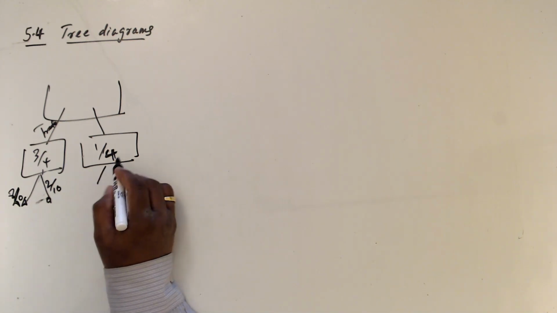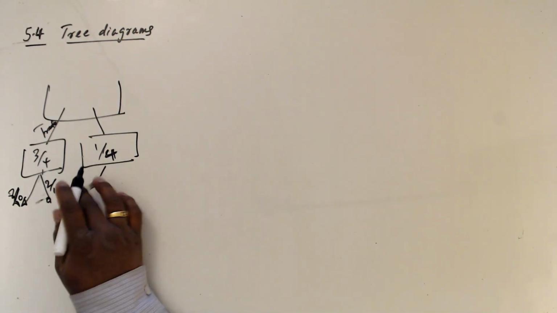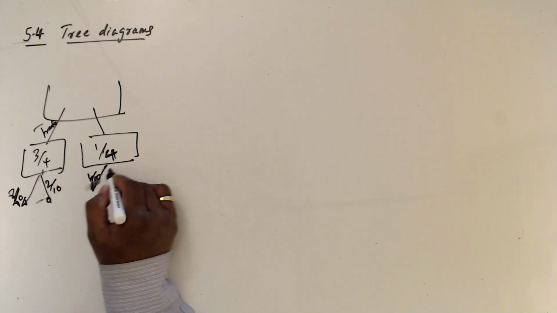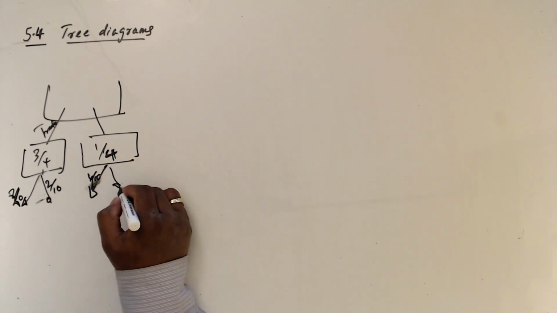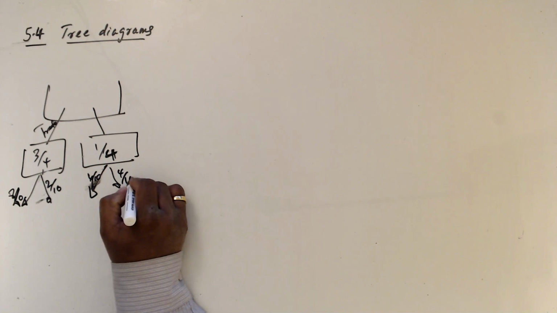And for the non-treated, the probability of flowering is 6 out of 10 and none is 4 out of 10.